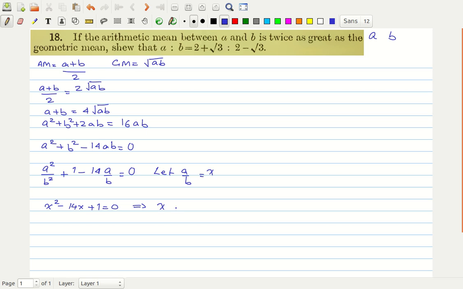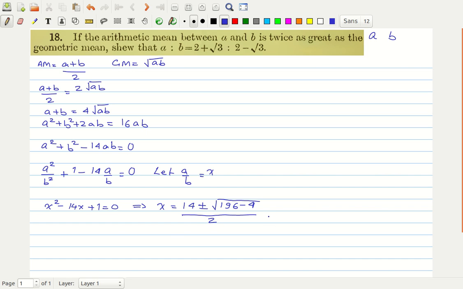which is x is going to be minus b, which is 14, plus minus square root of 14 square, which is 196, minus 4 times a times c, which is 4, divided by 2.